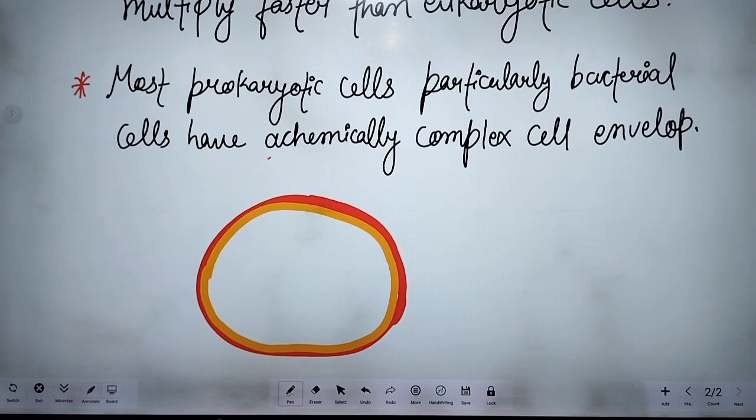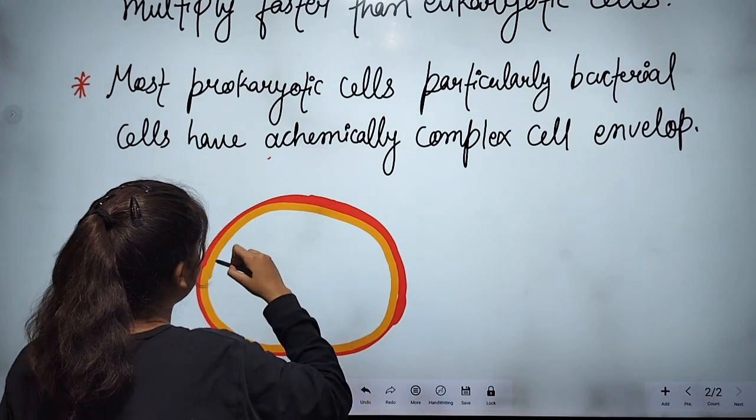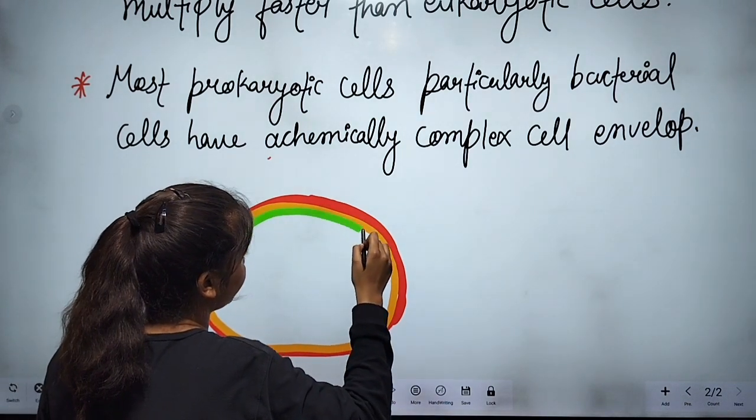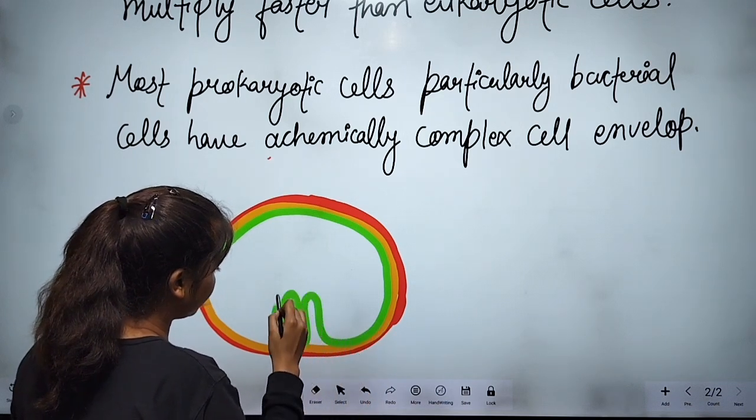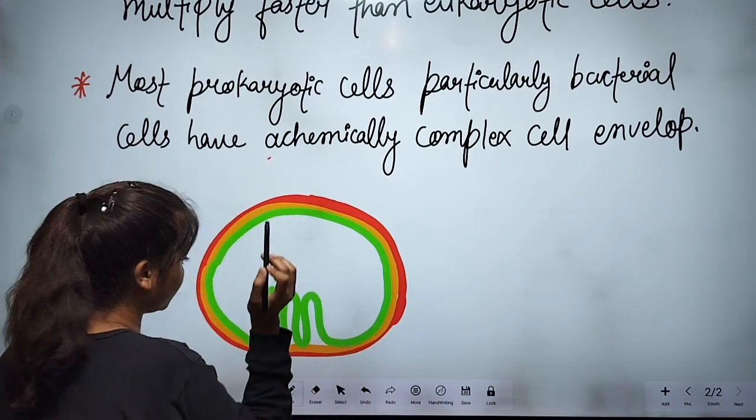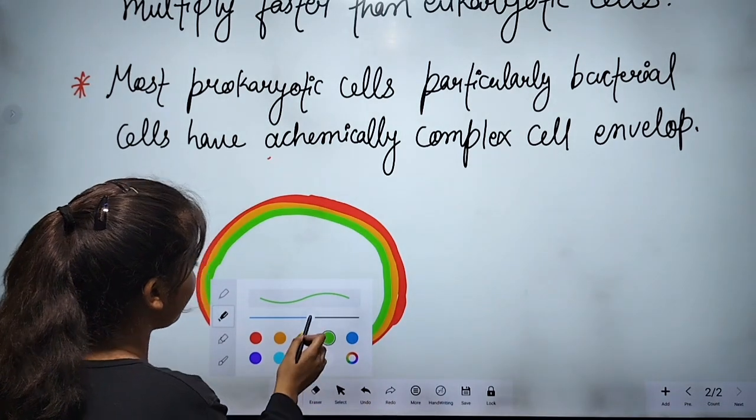Before this there is a layer of plasma membrane, and this membrane has an inward projection called the mesosome, which helps in respiration.